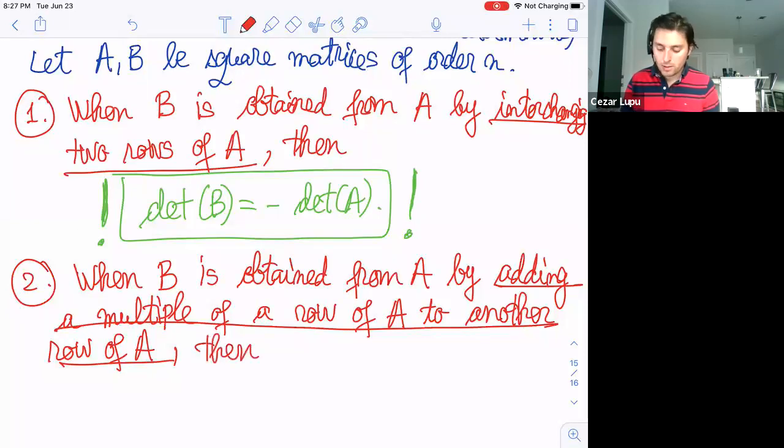The determinant will be the same. So the determinant of B is equal to the determinant of A.